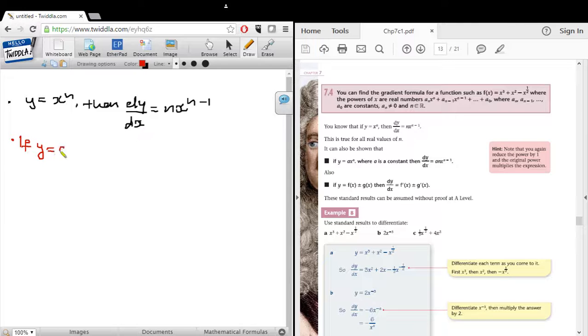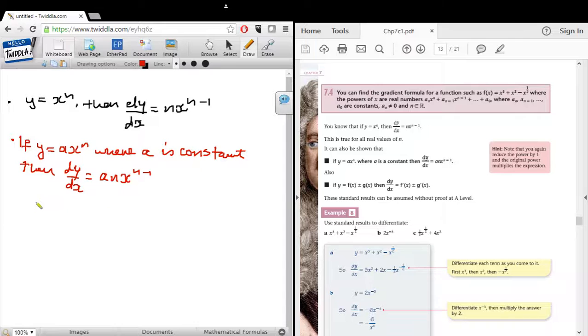If y equals ax^n, where a is constant, then dy/dx equals anx to the power of n minus 1.